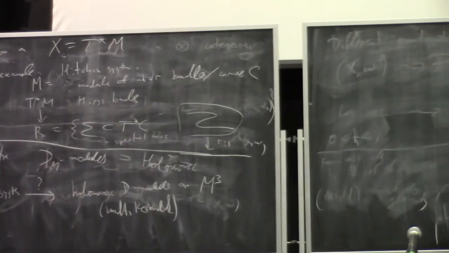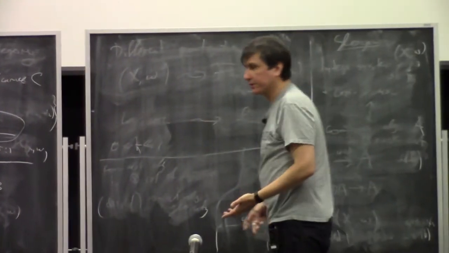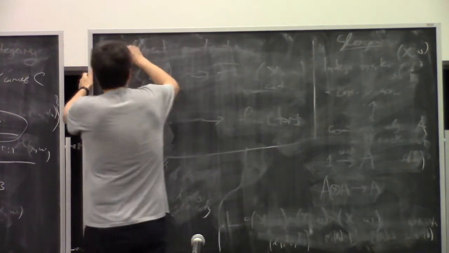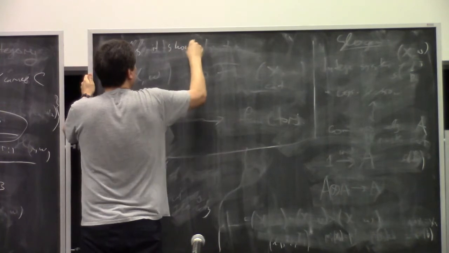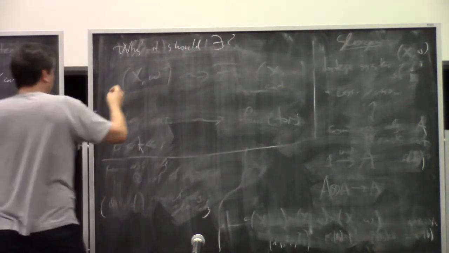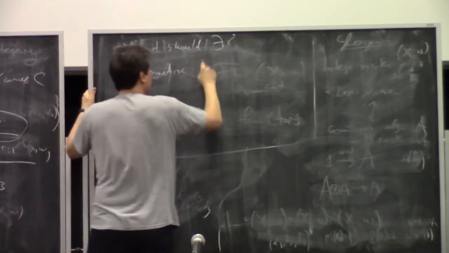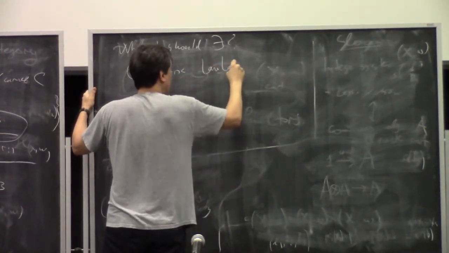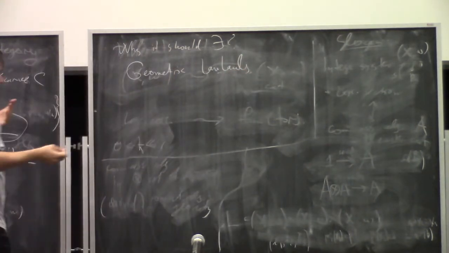Why should such a thing exist and be calculable? It follows from the geometric Langlands correspondence.